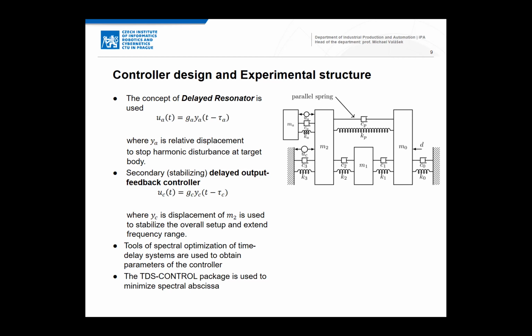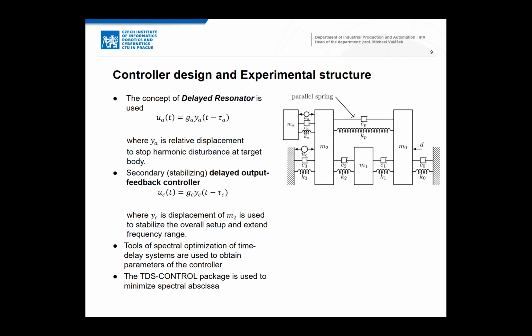As we discovered in simulations, when we set the absorber to assign the zeros, this method ensures that the zeros are assigned, but it does not ensure that the overall body is stable.